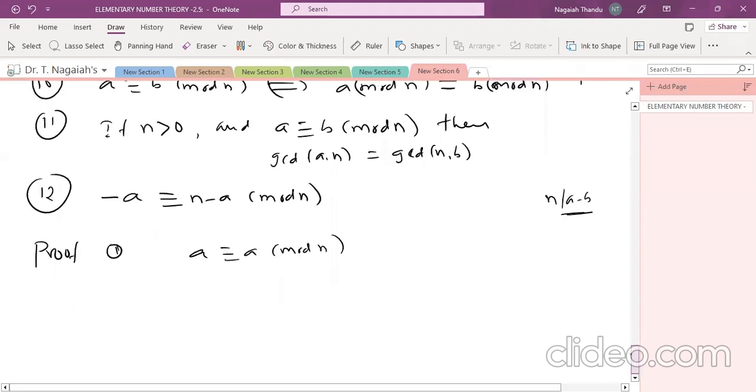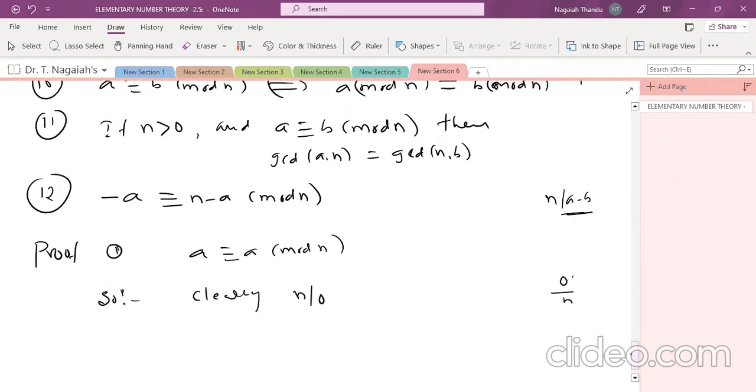One thing clearly: n divides 0. Every number 0 is divisible by n. Clearly n divides 0, so I can write this as n divides A minus A, since 0 means A minus A. What is our rule?